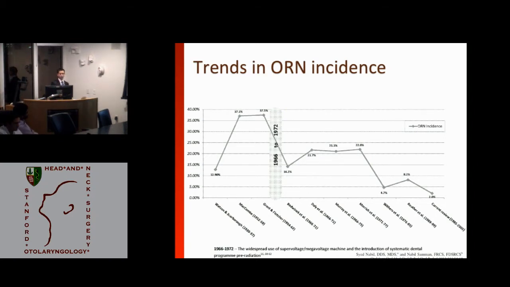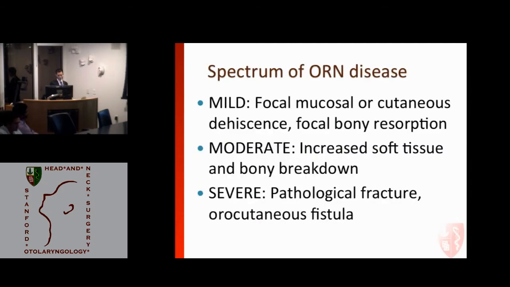And what that does is that allowed them to modify and then contour the beams much more effectively and accurately to avoid vital structures like the mandible if it wasn't involved. And then another major change during this time period was the implementation of strict dental protocols for preventive care for patients who are receiving radiation therapy for head and neck.